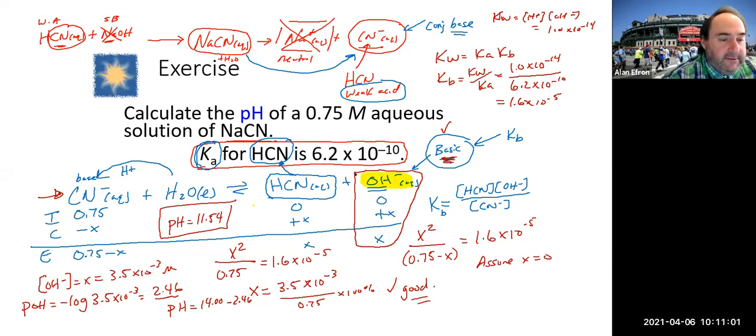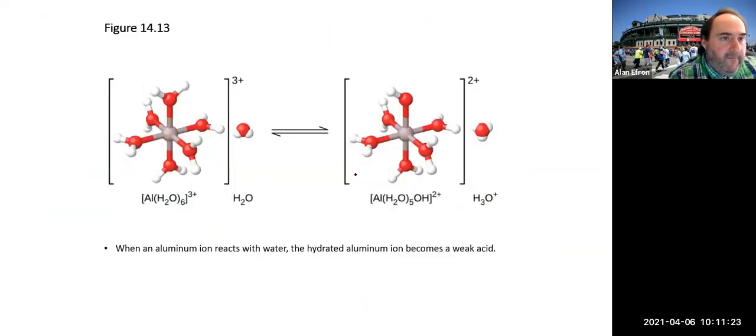Now, in terms of salts, up until this point, we pretty much have talked about salts where only one part of the salt went through hydrolysis. So for example, in this case, just the CN minus went through hydrolysis. The sodium ion did not. And there are cases where both parts of the salt could actually go through hydrolysis.